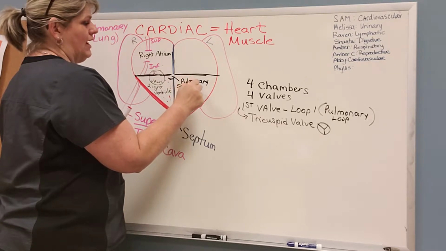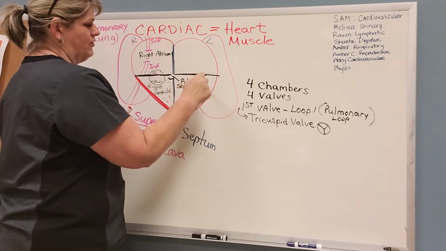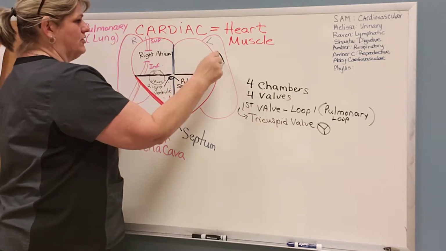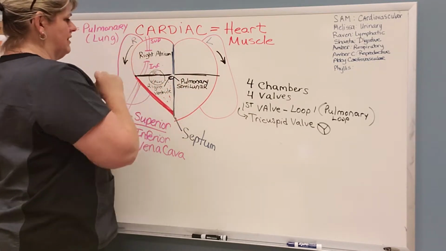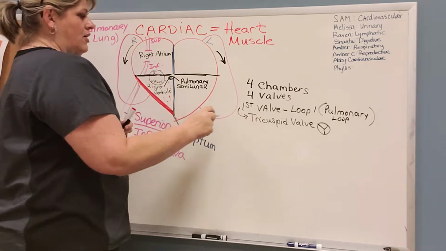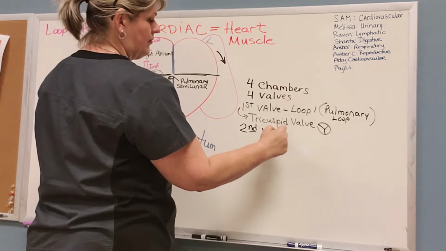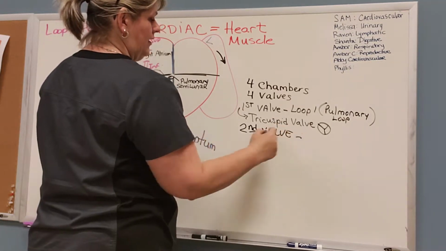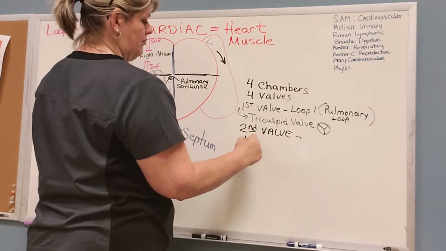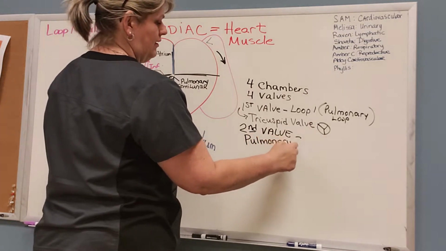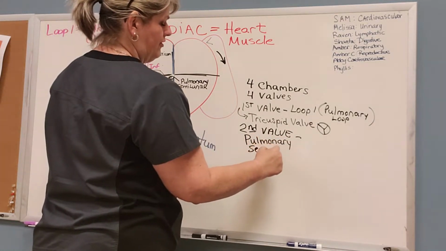Now, even though I'm writing it on the left side, don't get confused. It's still going from the right ventricle into each of these lungs. So the second valve in the pulmonary loop is the pulmonary semilunar valve.